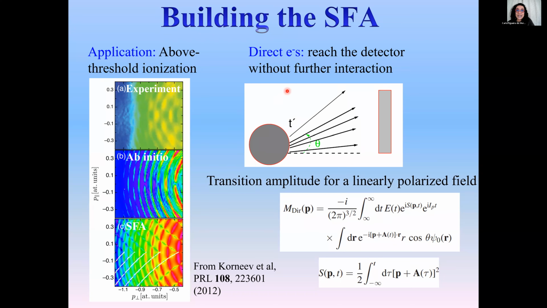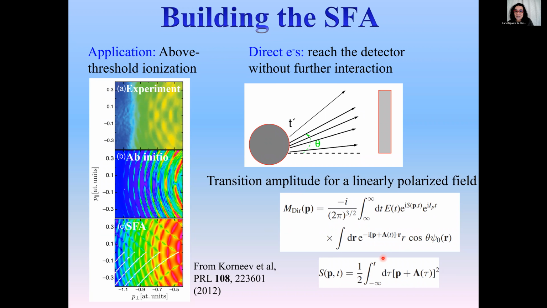What we assume here is that we have photoelectrons that are being ripped out of the system via tunneling, and they reach the detector without further interaction. These are what we call direct electrons. If you look at the transition amplitude, once you write it in a nice way in momentum space, you see that it has something here which contains the ionization potential.